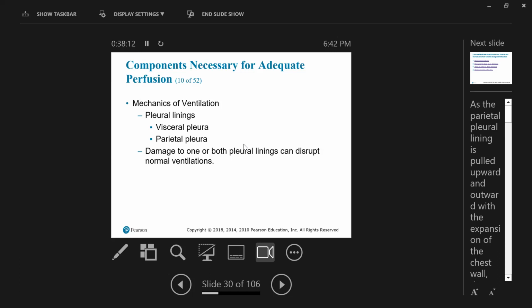If you were talking about the lungs, it covers the ribs and the outer portion of it. And visceral means organ, so that covers the organ itself. In between those two there's a little bit of fluid that keeps the pressure, keeps the lungs expanded, but it also causes lubrication.